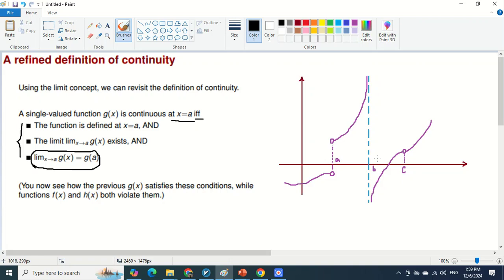At the point b, the function tends to infinity, so indeed the limit does not exist, and consequently the function is discontinuous. And at the point c, however, we have a limit, meaning that approaching that point from the right side and left side, the limit does exist and it's equal to this value.